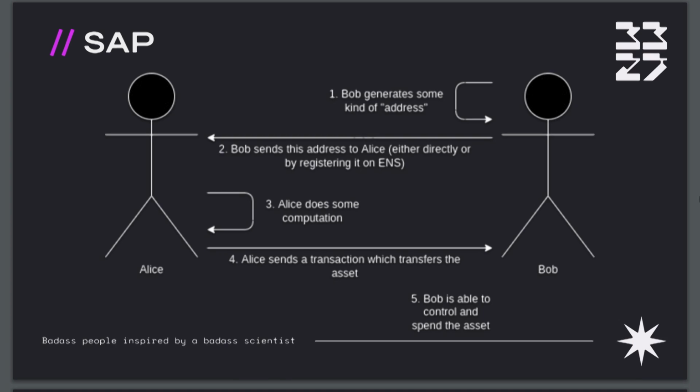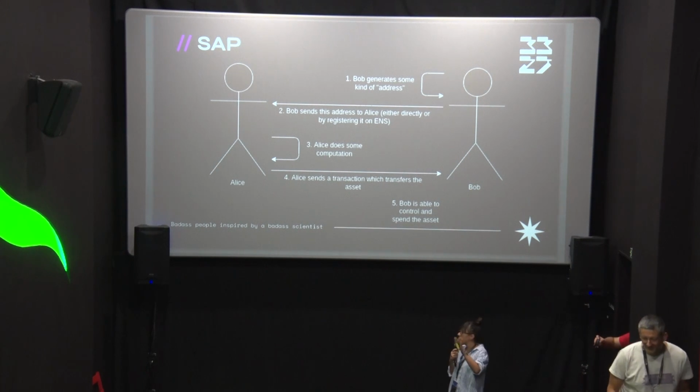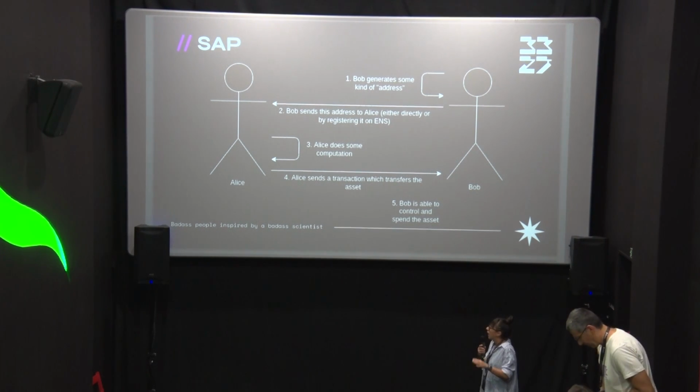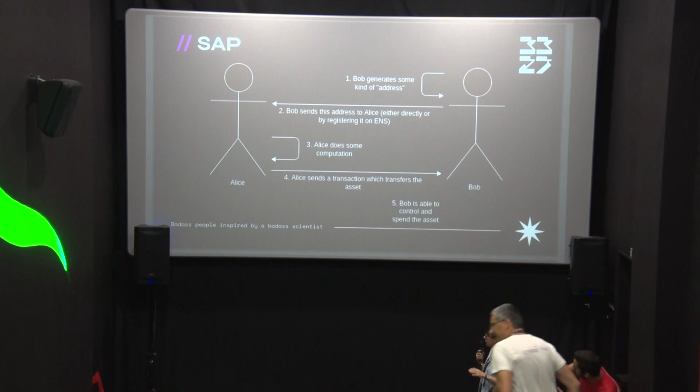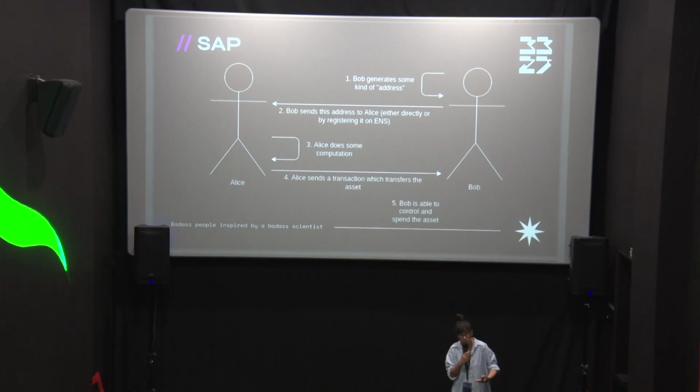First, Bob needs to generate some kind of stealth meta address, and he will send this stealth meta address directly to Alice, or he will add it to some registry. After that, Alice will find this stealth meta address of Bob. She will perform some operation, and after that, she will calculate a new address of Bob, and she will send the money to this new address. And after that, Bob is able to control the assets from this address. This is the general idea, okay?